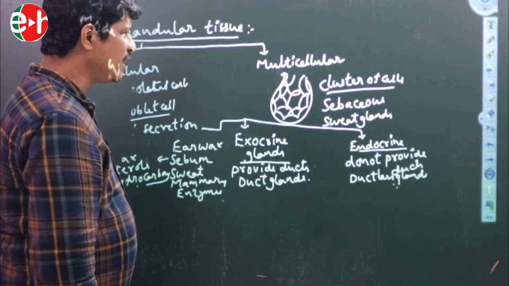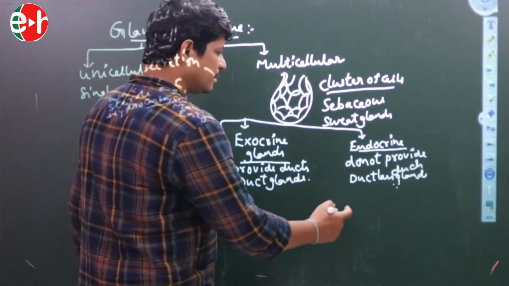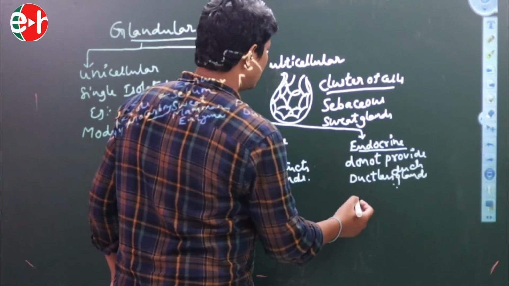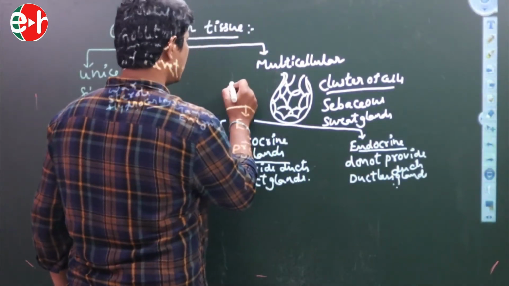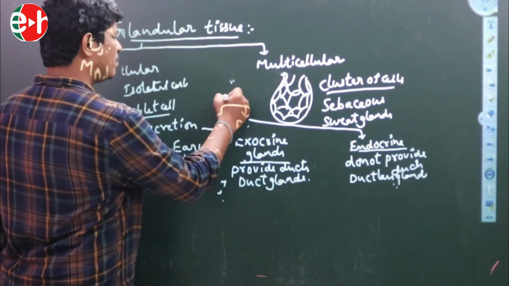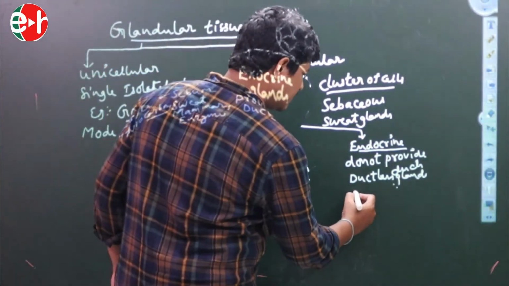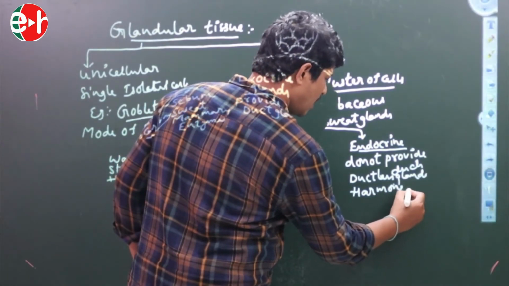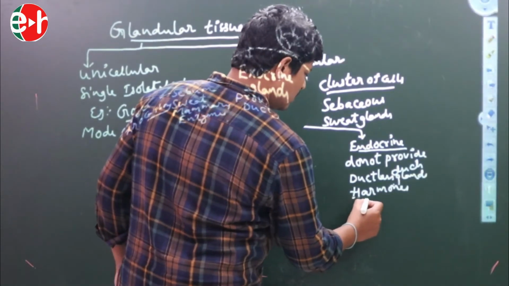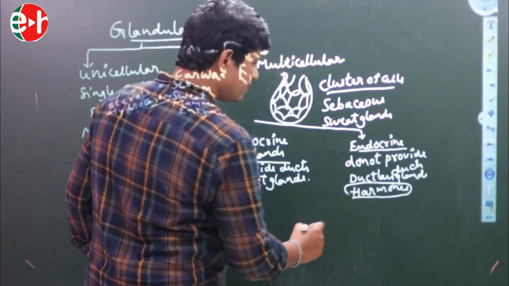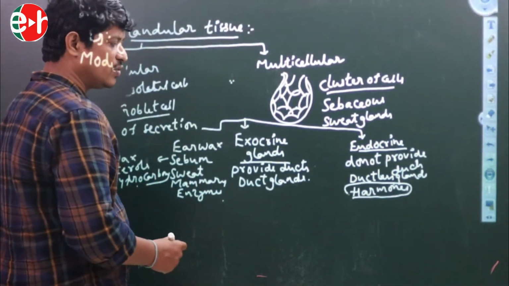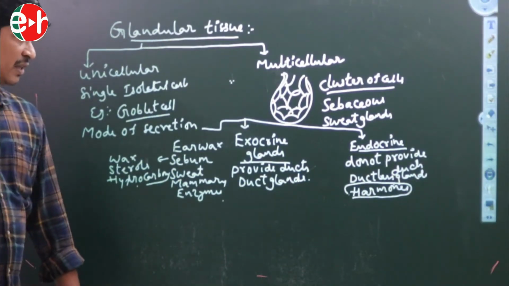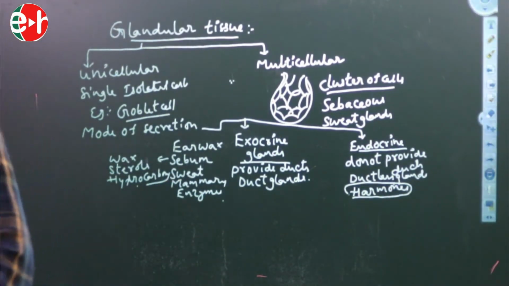These ductless glands are examples of multicellular glands. Hormones are examples for the endocrine glands. These are for the mode of secretion.